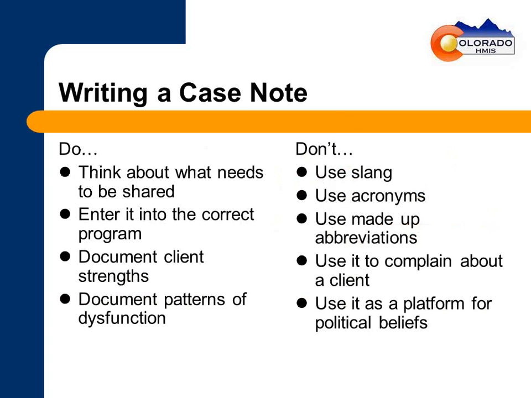Writing a case note. Do think about what needs to be shared. When you're documenting a one-on-one, face-to-face encounter, it's really important that you consider the information that's necessary for someone to know about that encounter that really applies to the client's progress. That could be their housing goals, their personal goals, whatever that is.